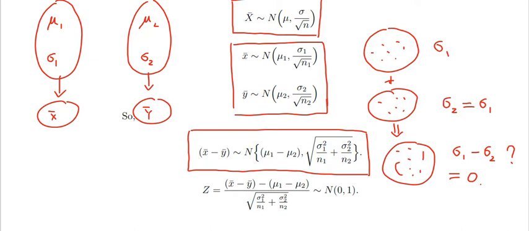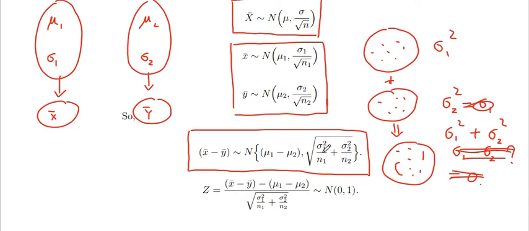So actually, when we put them together, standard deviation cannot use minus. And for variance, suppose there's sigma 1 square and sigma 2 square as variances. We have this result: variances can be added up.